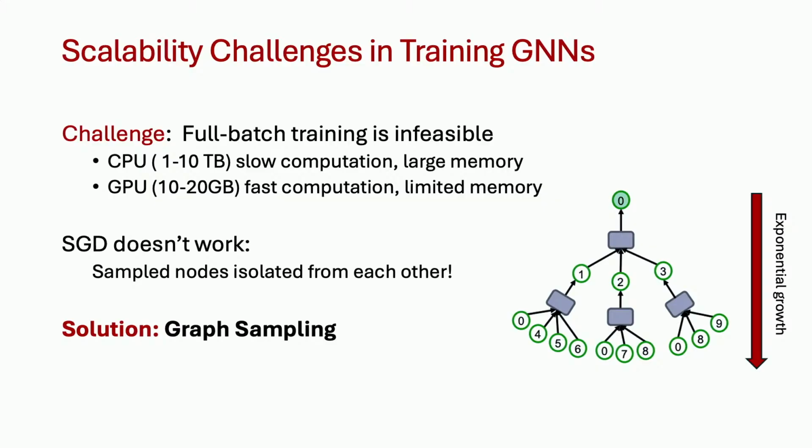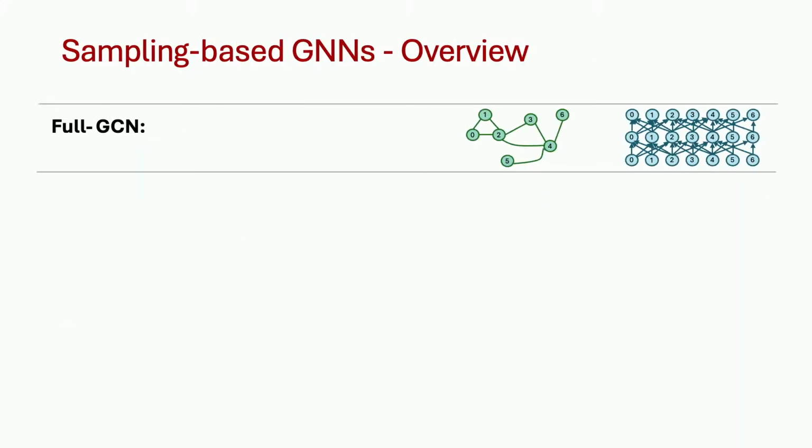Now I'm going to give you a brief overview of the different graph sampling methods that have been used in practice, before telling you what our objective is. I'm going to use pictorial ways to show it. So I have a full GCN result.